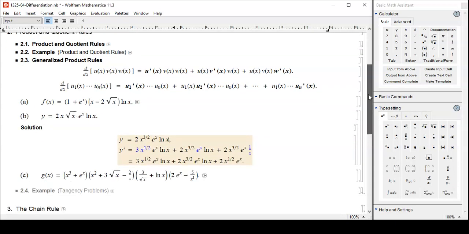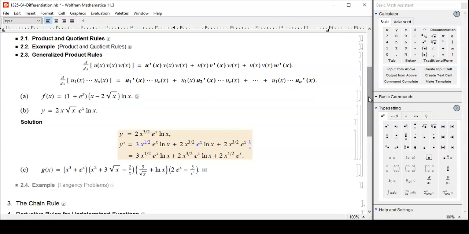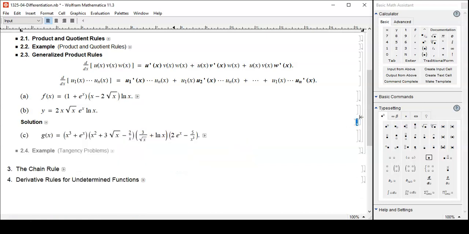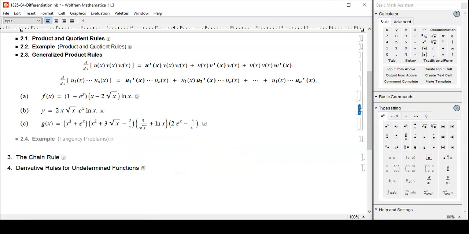You can write like this, and then you can apply the generalized product rule here. 3 bunches, and first derivative, the second derivative, third derivative, like this. And then you can simplify if you want to. Is that clear? Maybe not. I'll close it and try to do it on your own.